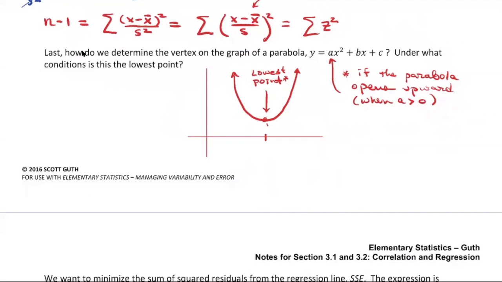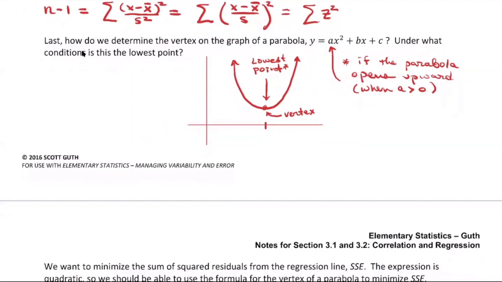Okay, and by the way, the lowest point is called a vertex, which is a weird word in math because it means lots of different things depending on what the context is. Sometimes the vertex is the lowest point, sometimes it's the highest point, sometimes it's on the left, sometimes it's on the right, sometimes it's the corner of a square or a polygon. Those are called vertices also. Anyway, on a parabola, the vertex always occurs where x is negative b over 2a.